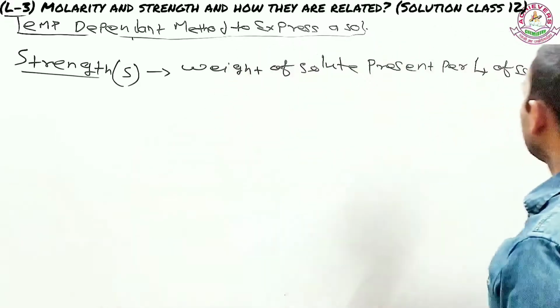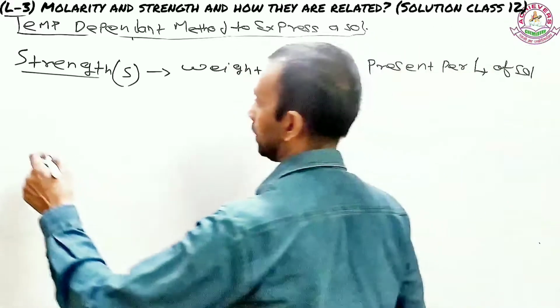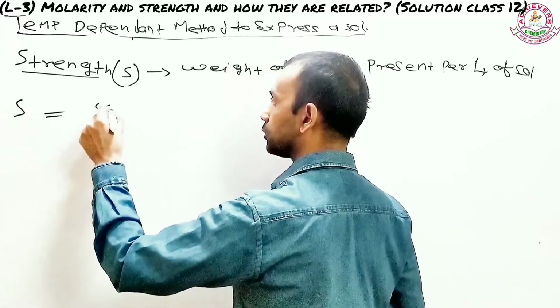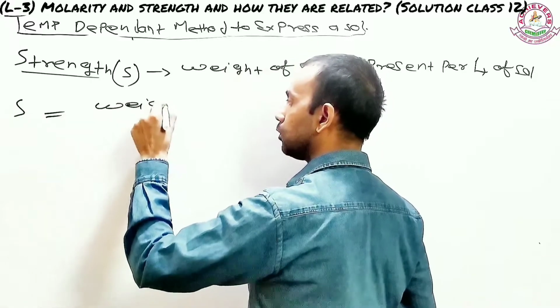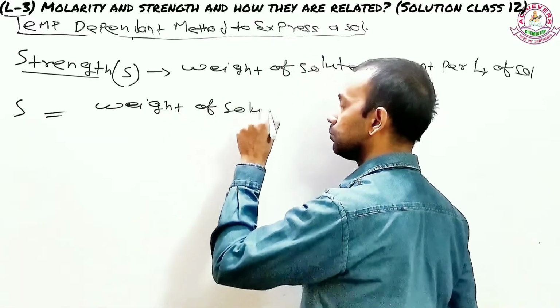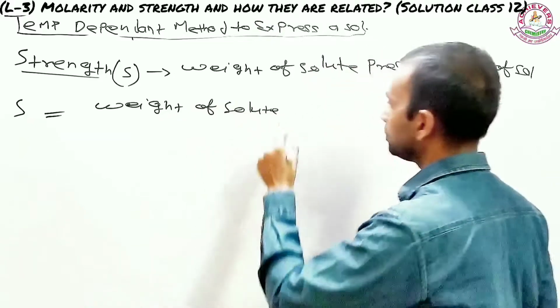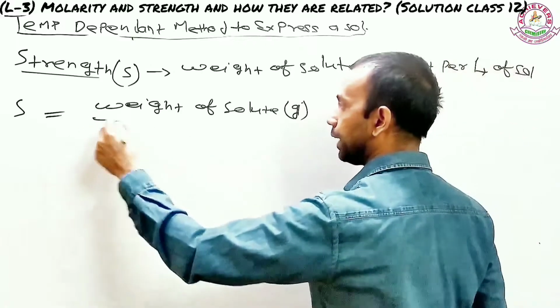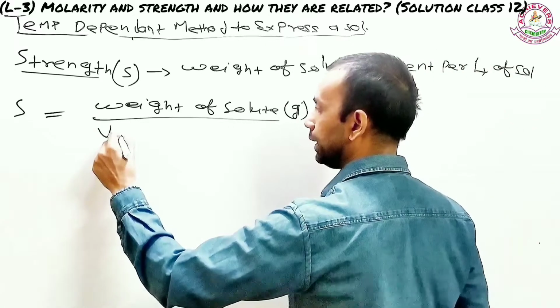Okay, so convert this into mathematical terms. Like I said, strength is represented by S, so it's going to be the weight of solute, which is of course in gram, divided by the volume of solution in liter.